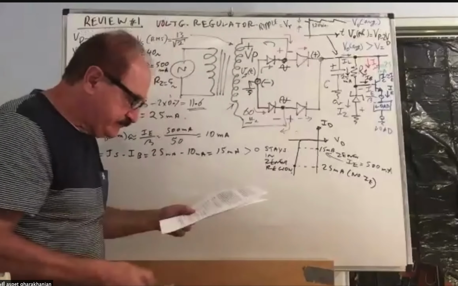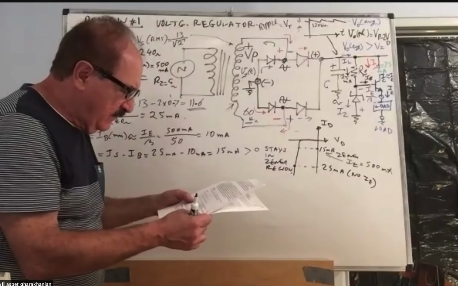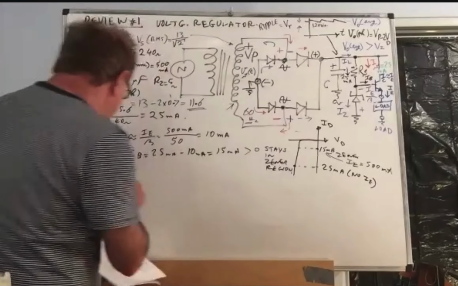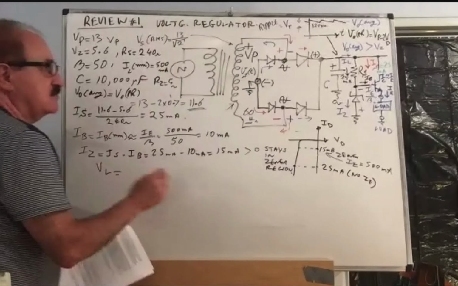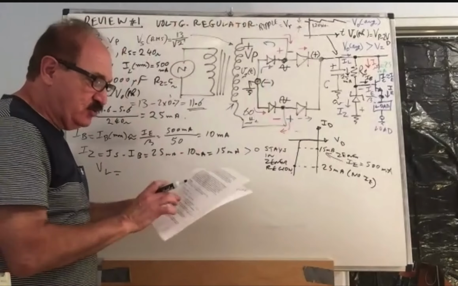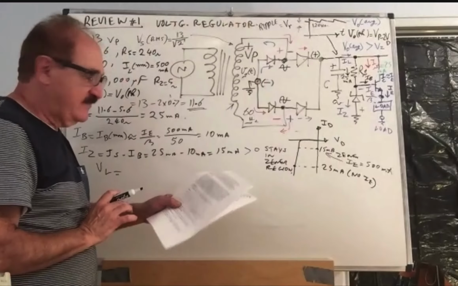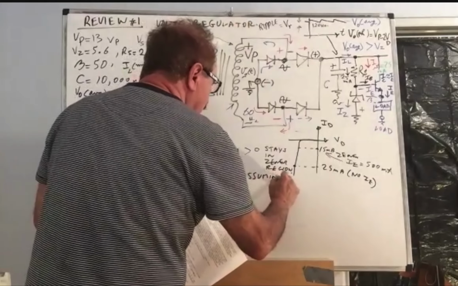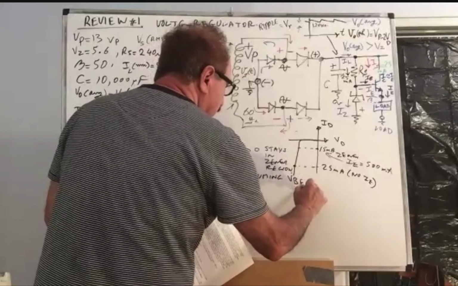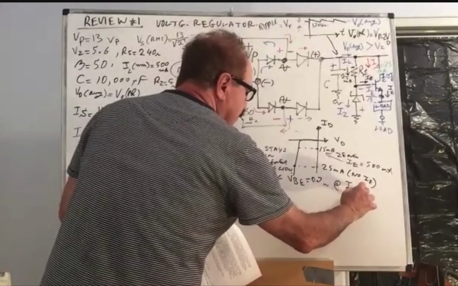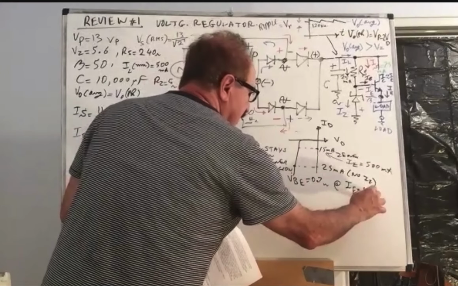Okay. So, VE is VL, load voltage, and it is VZ minus VBE. So, load voltage in here. Let us assume that VBE is 0.7 volts at IE equal to 500 milliamp.